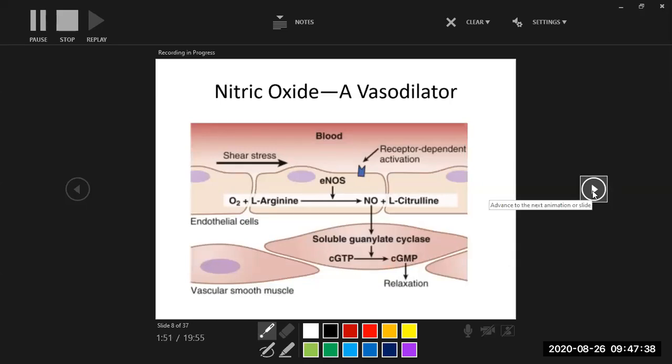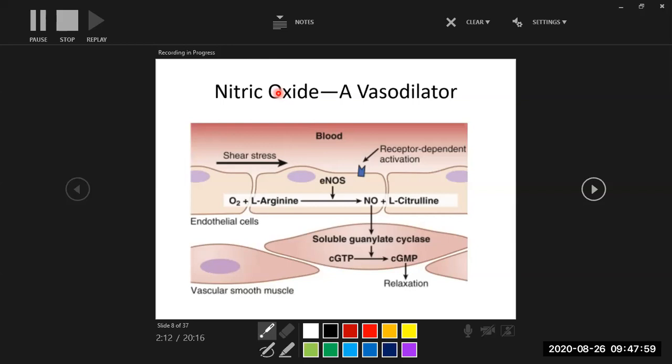So nitric oxide, NO, is a vasodilator. This probably is the key. In terms of the exam, you will see a list of molecules, and the question would be, which one is a vasodilator?